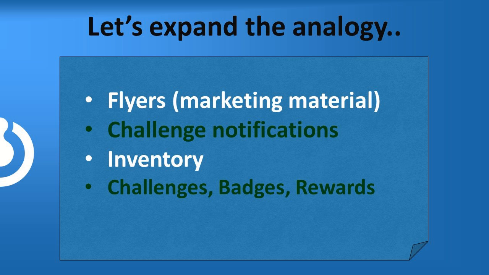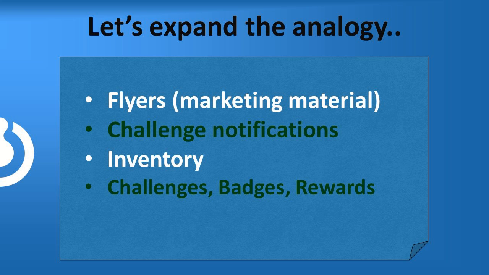Challenges, badges, so you can have Christmas related badges, Thanksgiving badges, and rewards as well. And if you make these things only available for a limited amount of time, that encourages more engagement. We've always found that limited availability rewards and badges actually help to encourage engagement among advocates. So that's a good idea to think about.